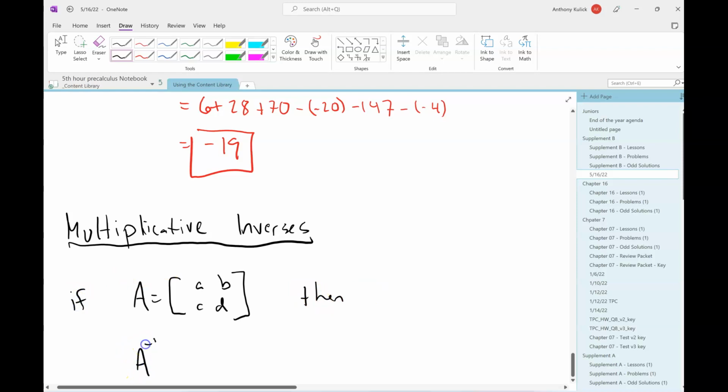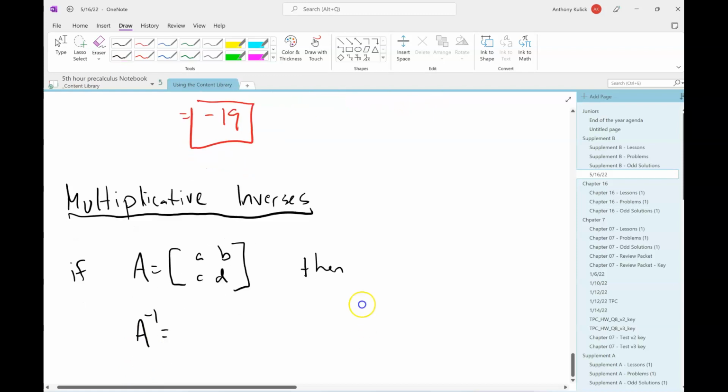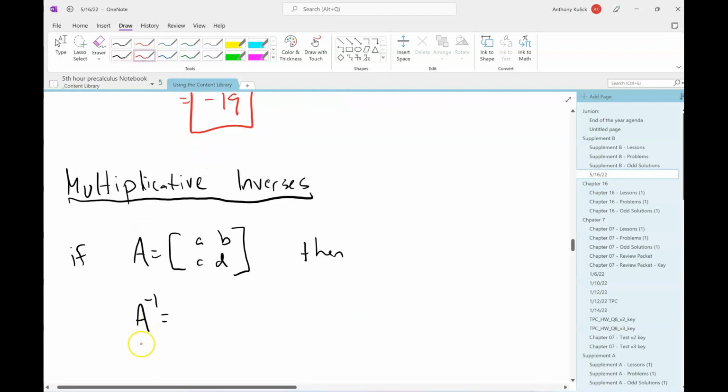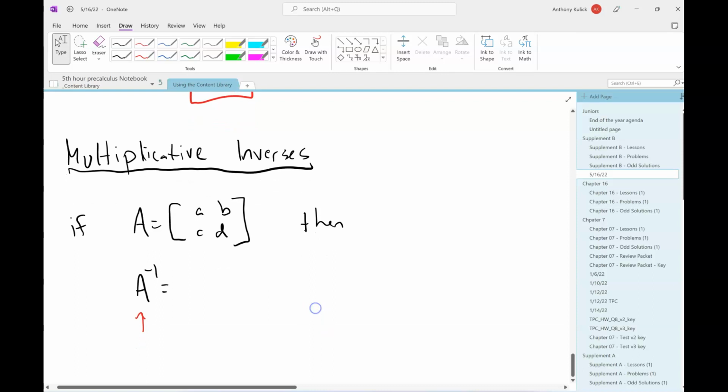So the symbol that we're going to use for the multiplicative inverse of A is A with the -1 exponent, just like, because we know the -1 exponent means like a reciprocal. It kind of is supposed to cue us that we're talking about a multiplicative inverse, just like we did for real numbers.